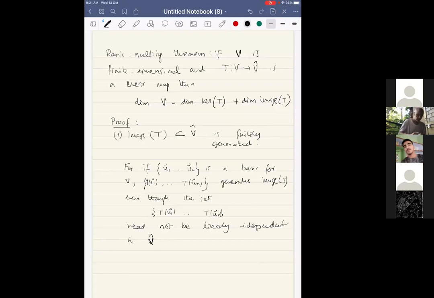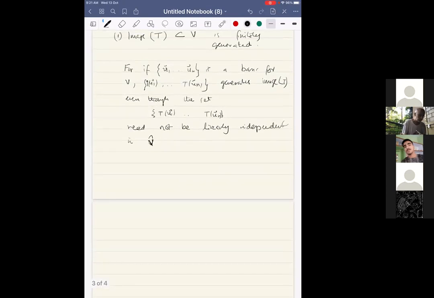So, I'll give you an example. V is R2, V hat is R, T of (x, y) is x plus y.